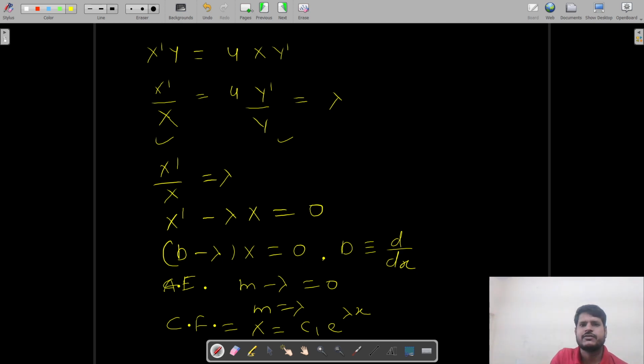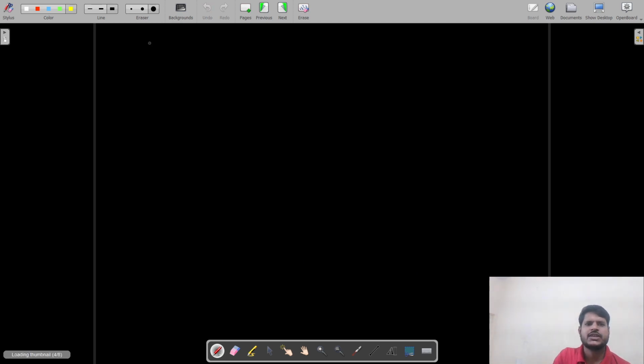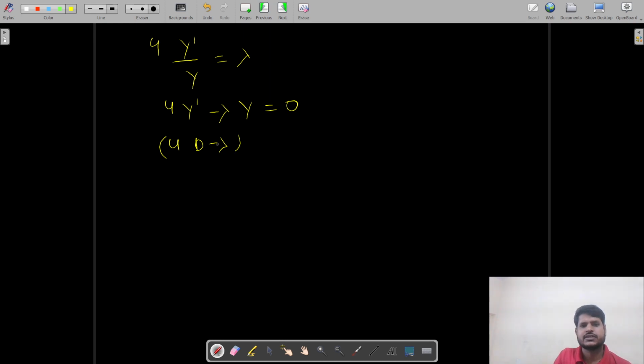Now we'll take capital Y. So we have y dash upon y is equal to lambda. So you can write y dash minus lambda capital Y equal to 0. You can write here D minus lambda Y equal to 0, where D is d over dy.